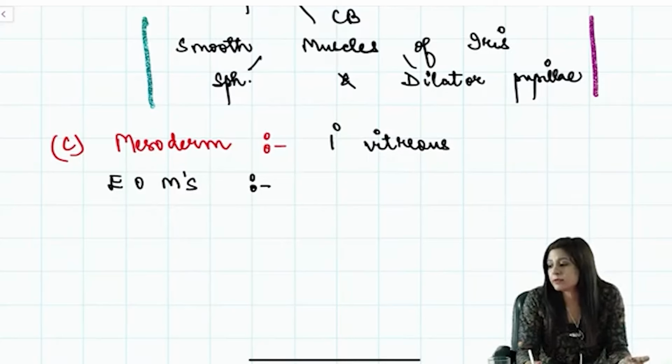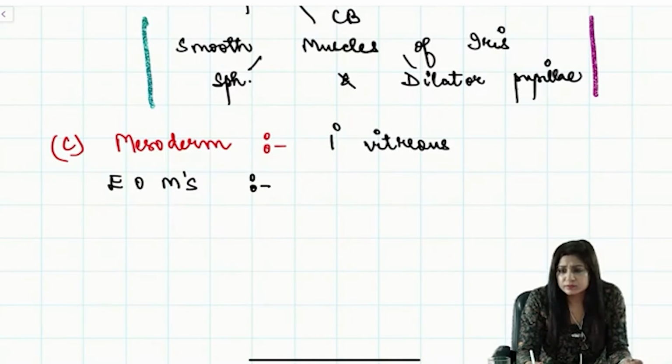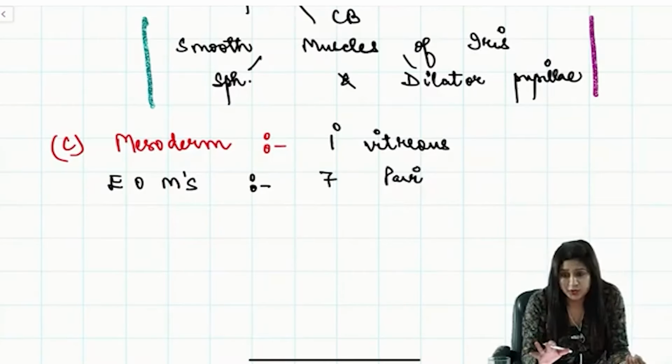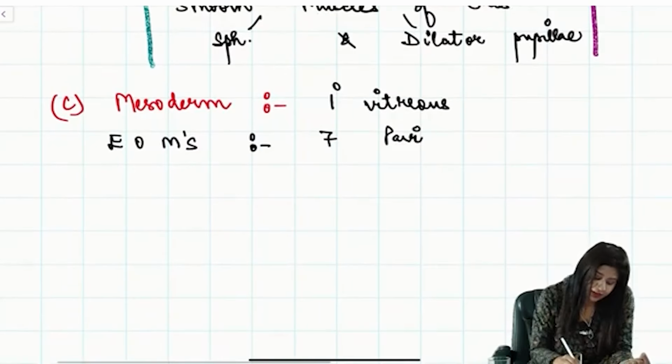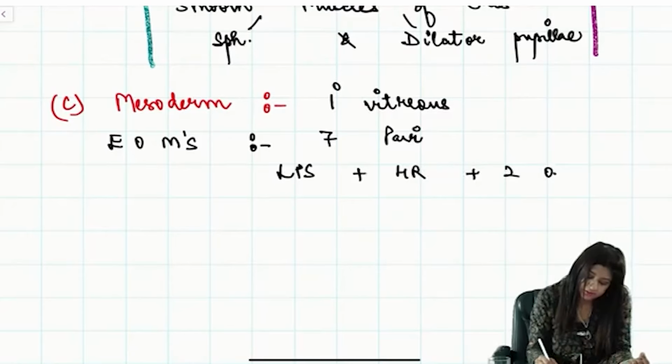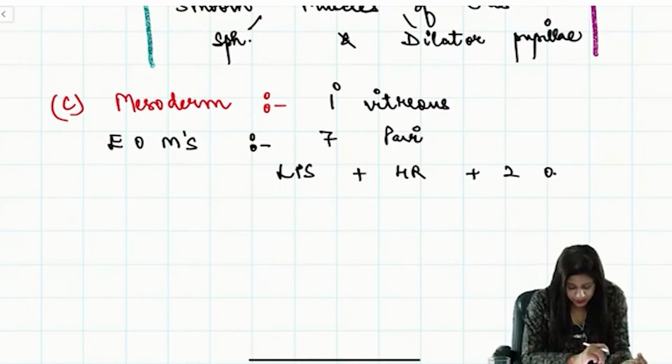How many extraocular muscles do we have? 7? 6? And LPS. So combined, we have 7 pairs. It's not 6 first of all. In the 7 pairs we have the LPS muscle, then 4 rectus and 2 oblique. Okay. Then what else?